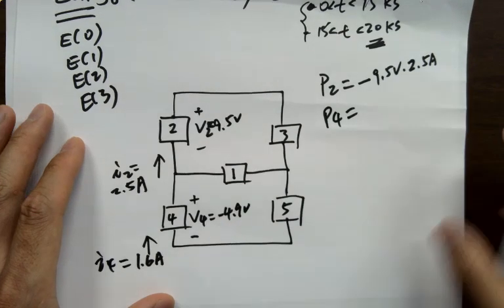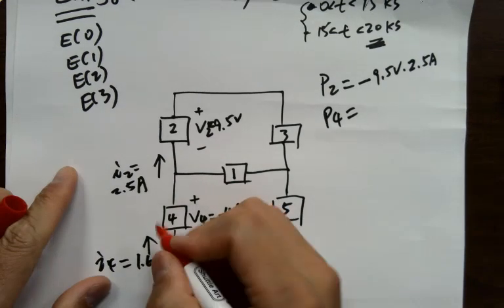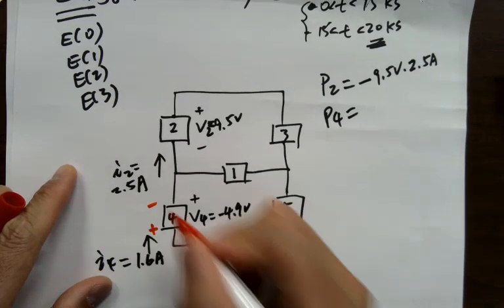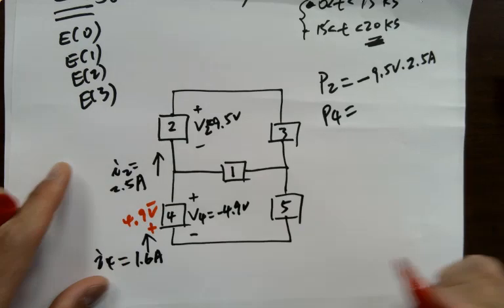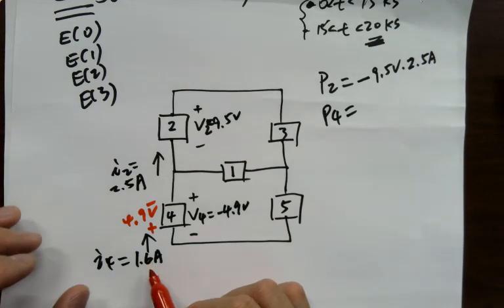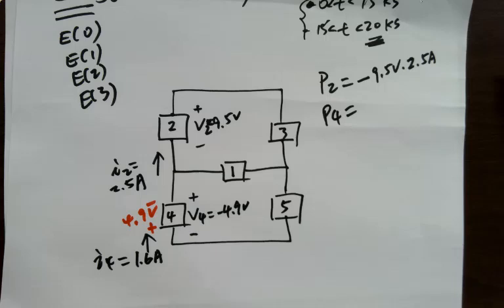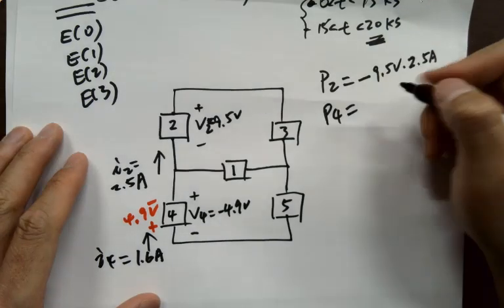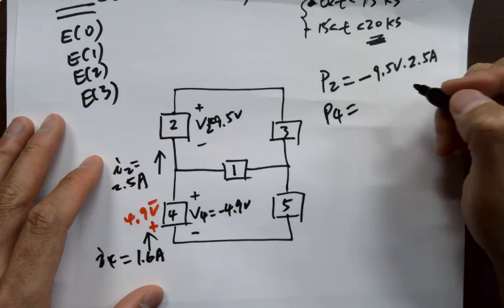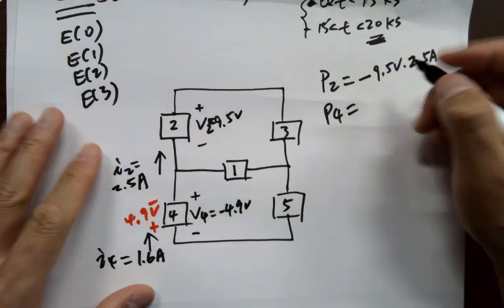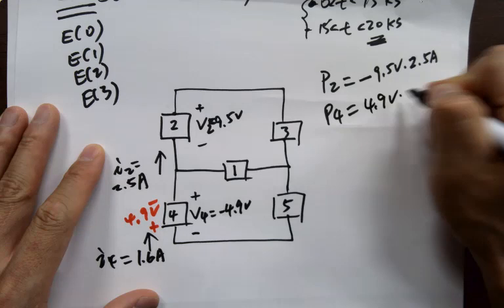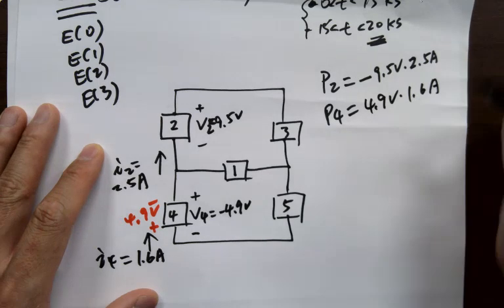So the real voltage across the component is actually about 4.9 volts. And now the current is flowing into the anode. It's charging up the battery, if it's a battery. So P4 is positive 4.9 volts times 1.6 amps.